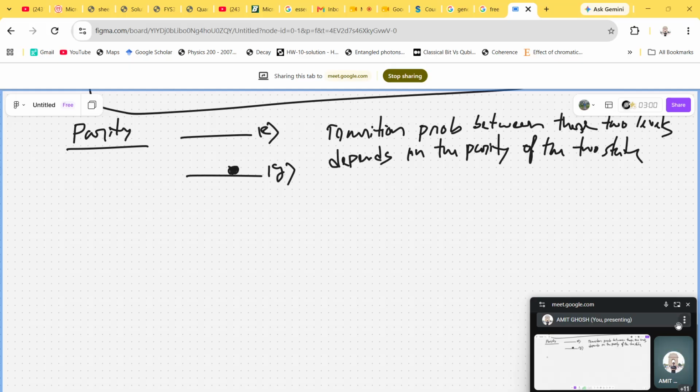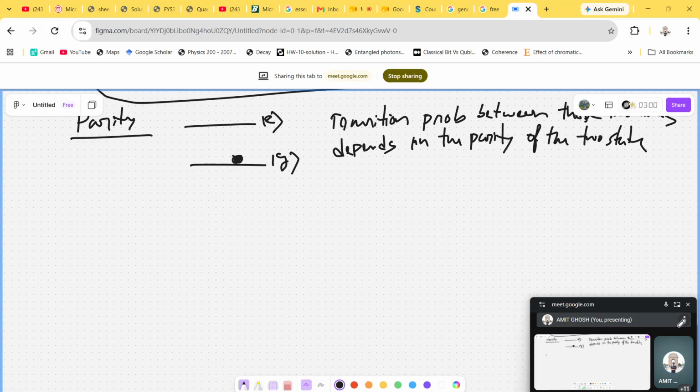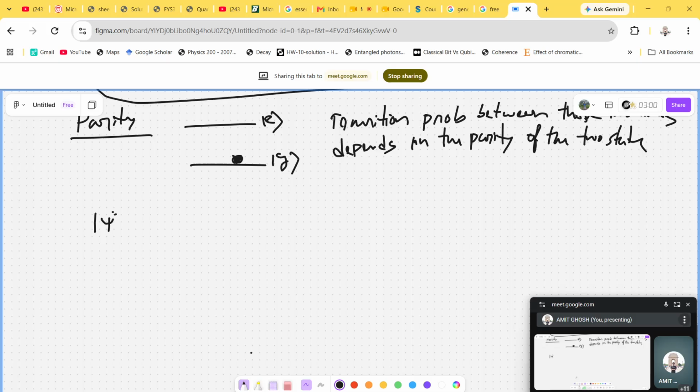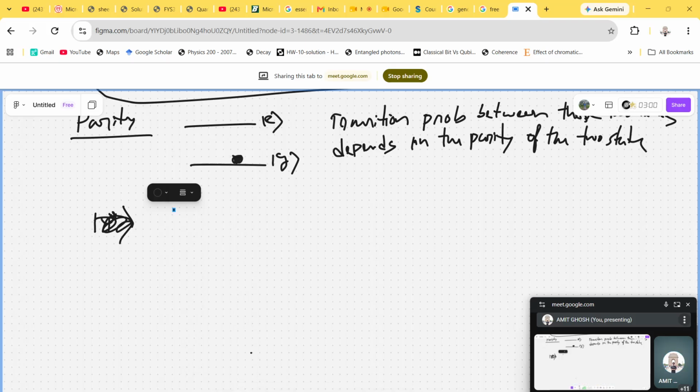So suppose you have a state psi and you have a parity operator. Parity is given by this pi cap operator.